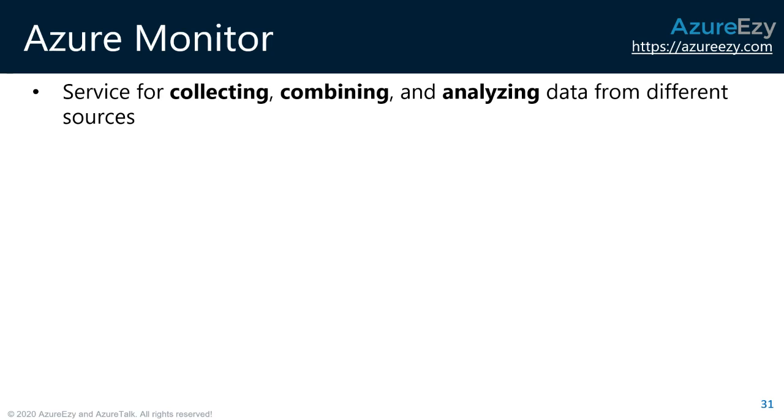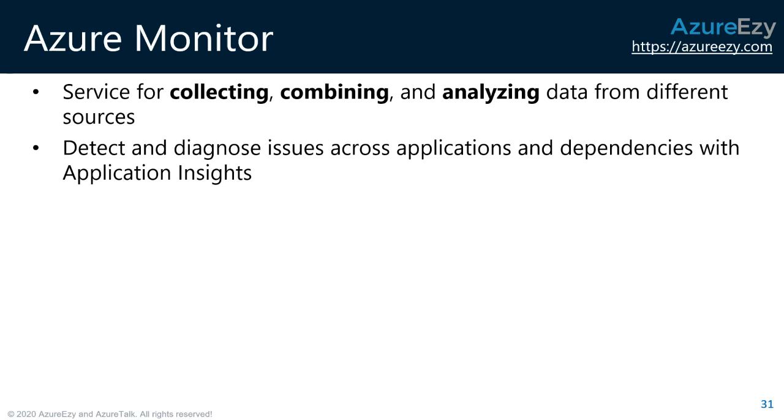It also helps you detect if there is any issue, and it helps you diagnose those issues across your applications. Along with the application, it also helps you detect and diagnose issues with their dependencies as well.